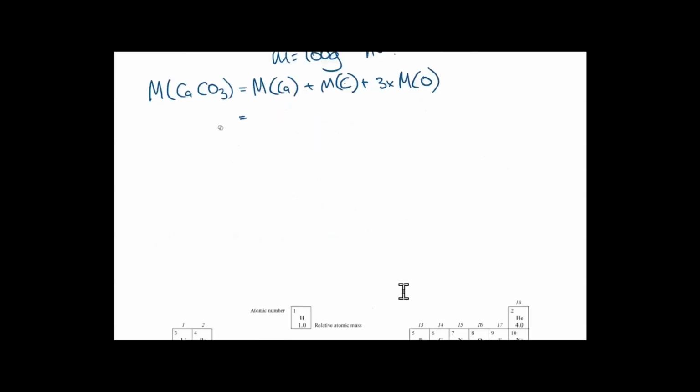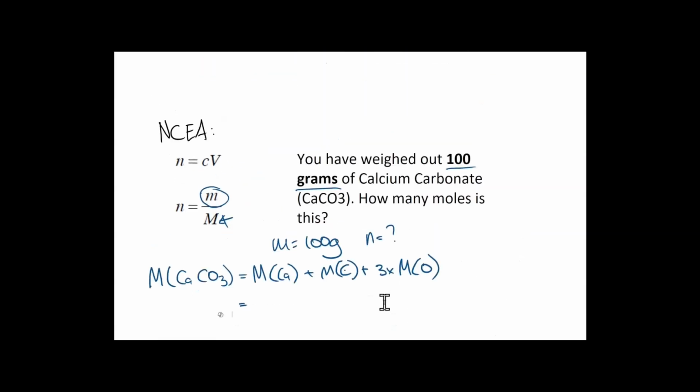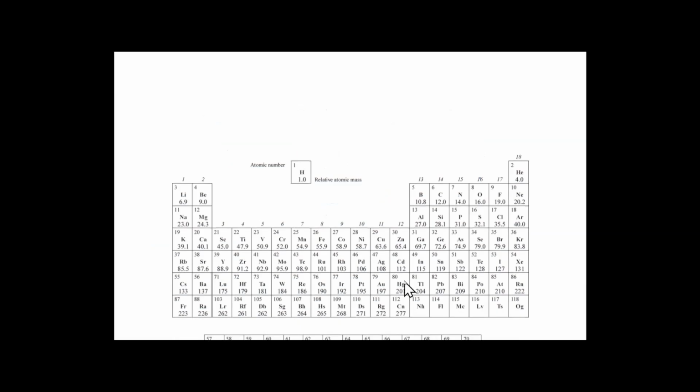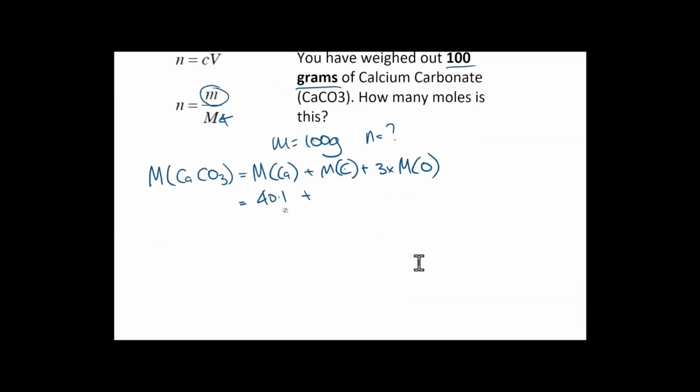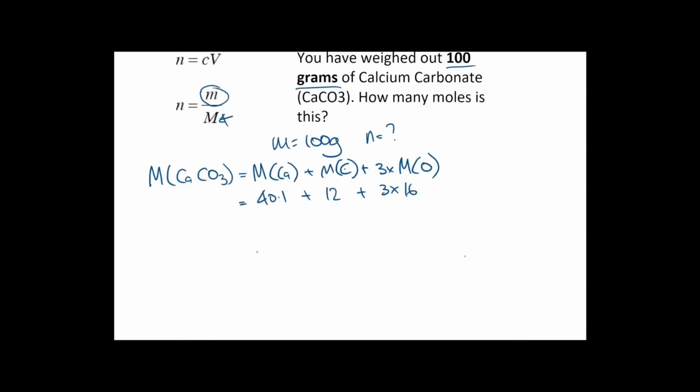So we will go to our periodic tables. So calcium is 40.1. Carbon is, of course, 12 by definition, plus 3 times the molar mass of oxygen. Molar mass of oxygen is 16. And then we will grab our calculator and solve it.